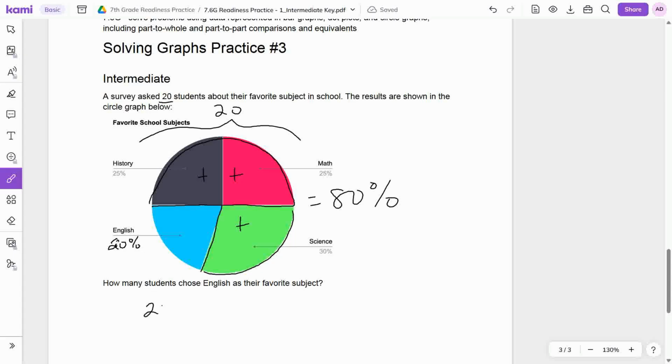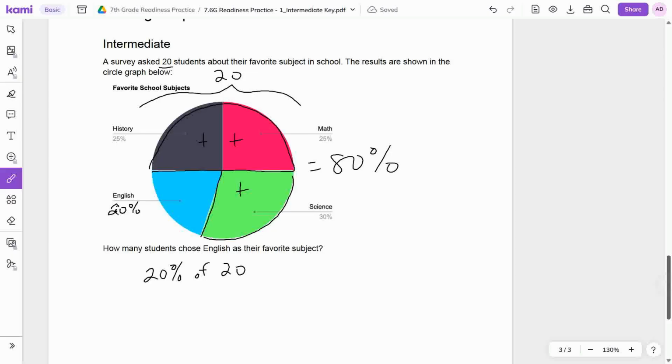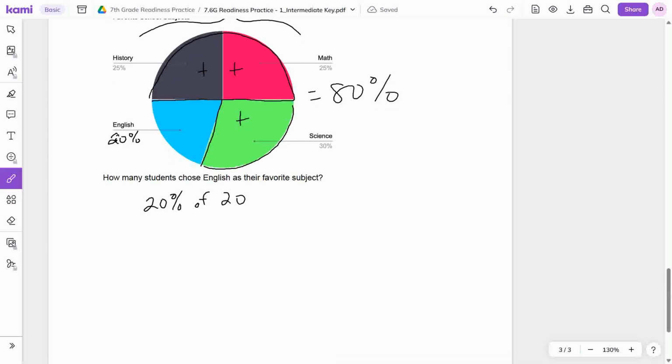Okay, so 20% of 20. Now, got a few options here, right? We can set up a proportion. We can change the percent into a decimal. Let me show you how both of those work, right? You can even use ratios, means, and extremes. So let's set it up as a proportion, right?